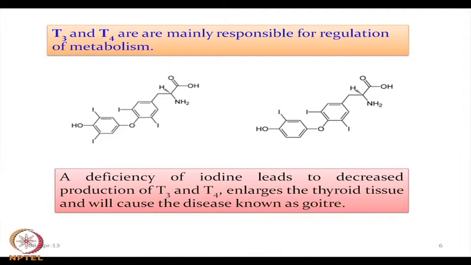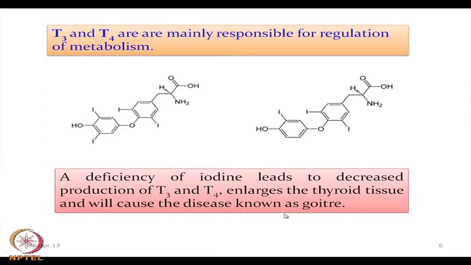If the iodine absorption is less, there is a deficiency and iodine is not getting into the system, so the thyroid gland tries to enlarge itself and increase its surface area, and through that surface area it tries to accumulate more and more iodine.